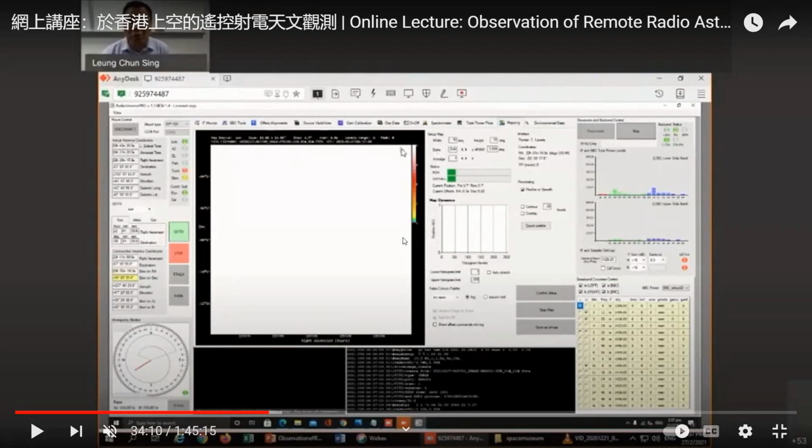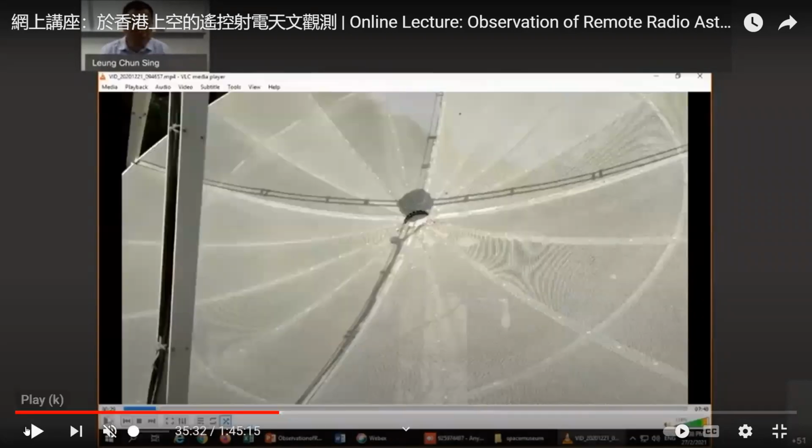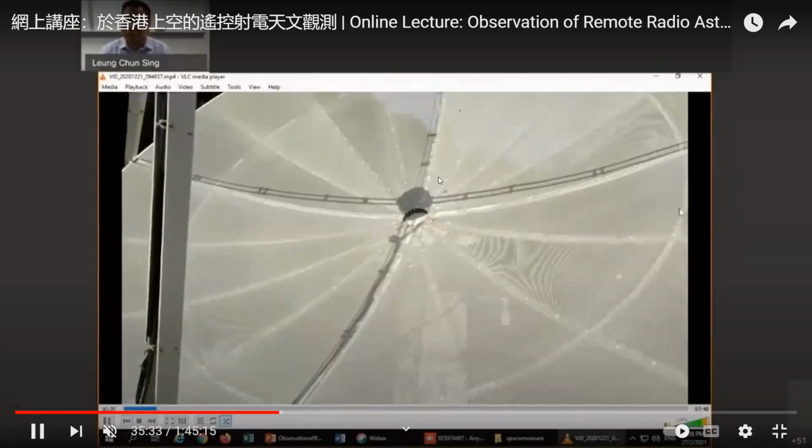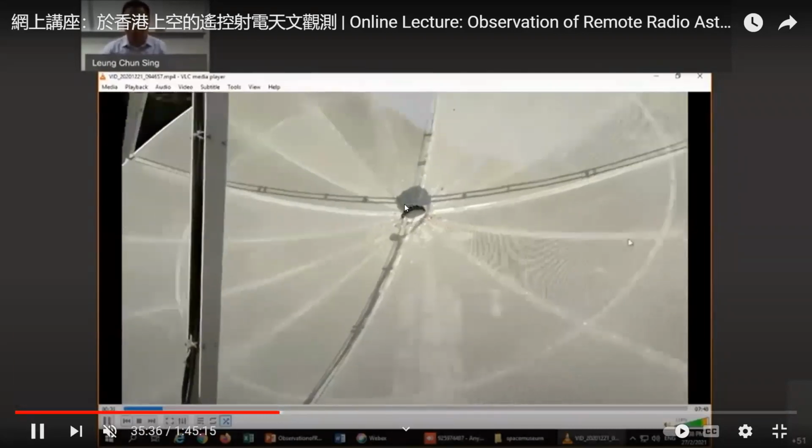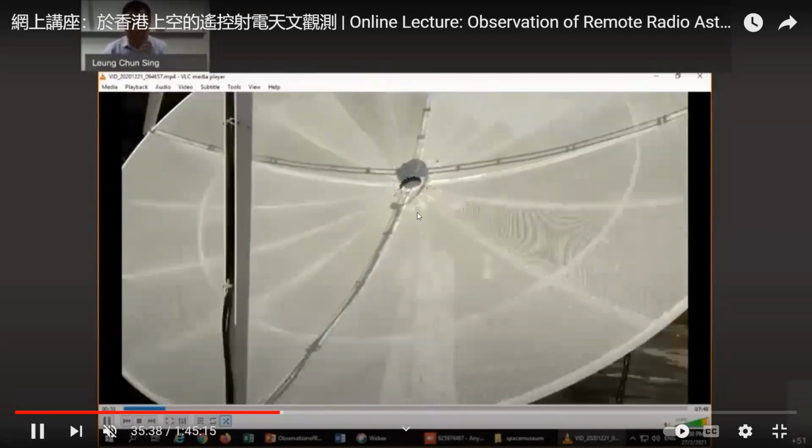we try to move the telescope physically. Here we can show you the telescope which is moved physically. In the daytime, you can see the shadow of the Sun, right?